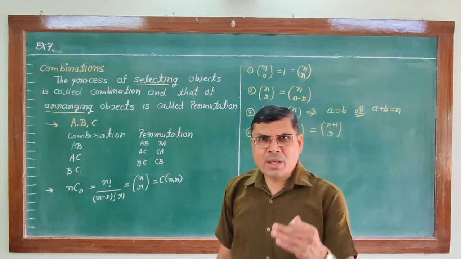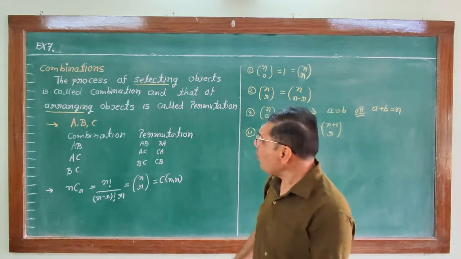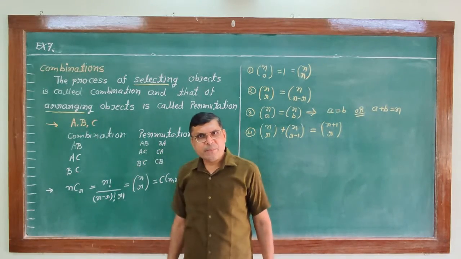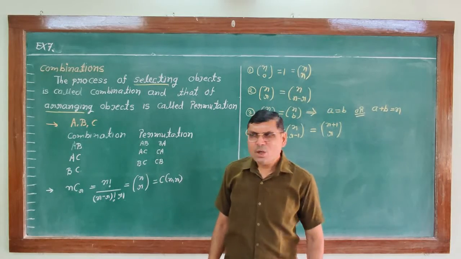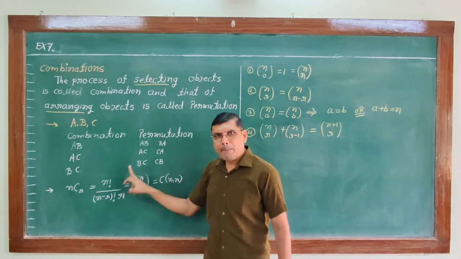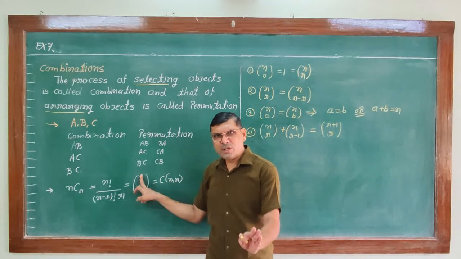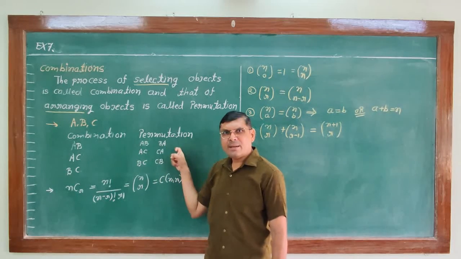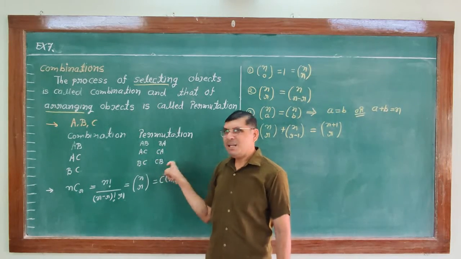Now, if I use a permutation, suppose I want to arrange this ABC, now order is important. So definitely AB, AC, BC, this is one choice. Second is, just change the order, BA, CA, CB.